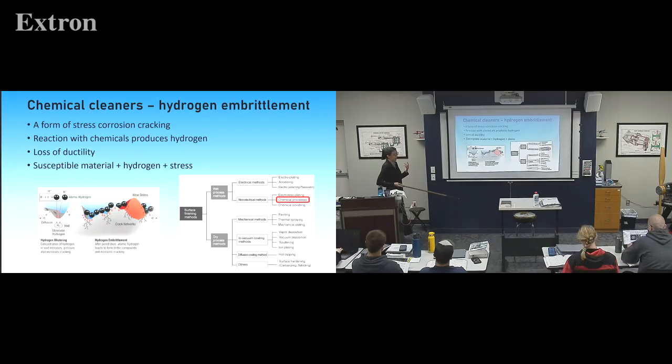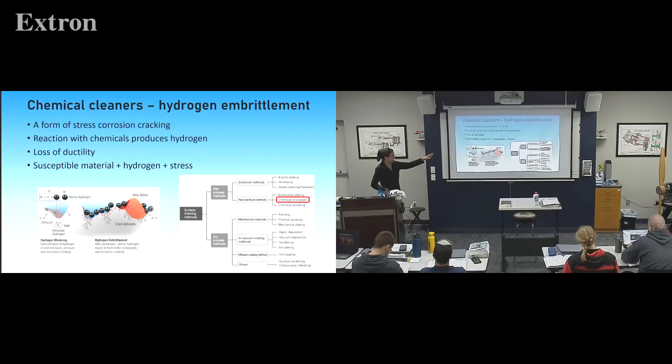Now it's most common in high strength steel. High strength steel, just the way it's made, the atoms in it are very susceptible to hydrogen embrittlement, the way all the ions, the atoms act.